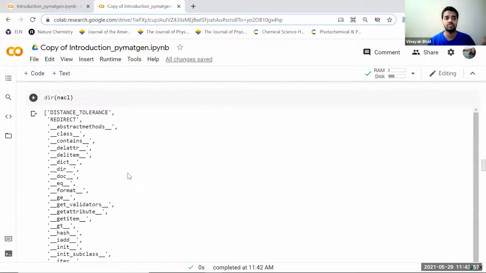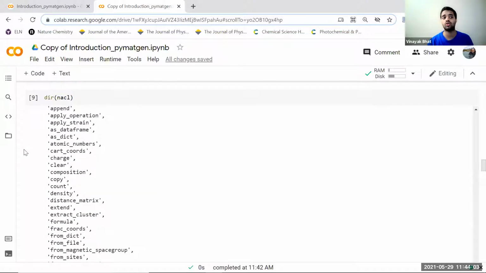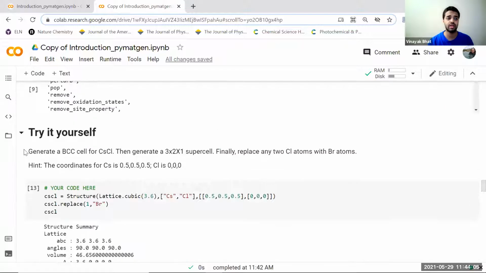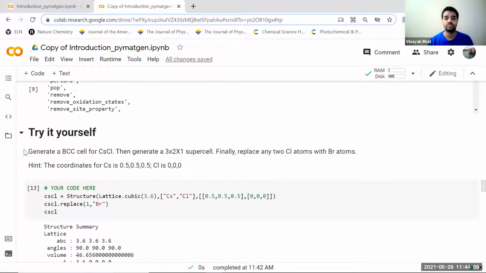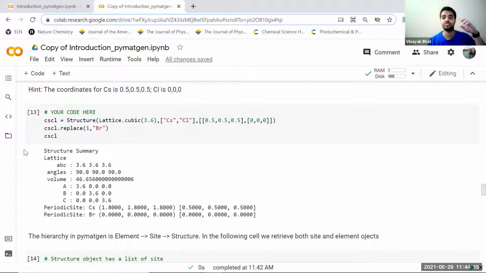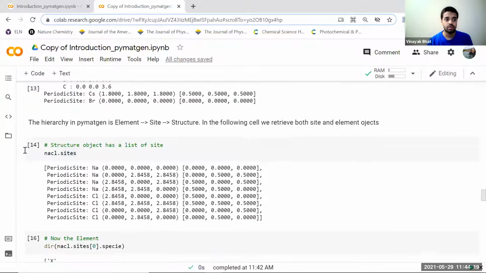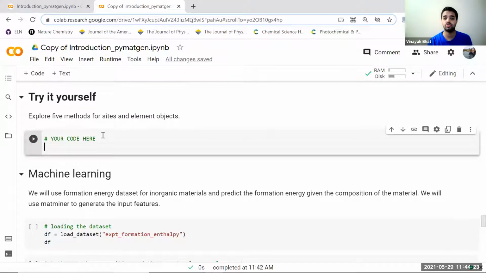So if you give Miller indices, it can generate those slabs that you want and then do automation for that. I think I'll cover some of them in the next one, if possible, how to generate slabs and submit calculations. And also adsorb species on the surface. Okay. Any questions, or shall we move on?